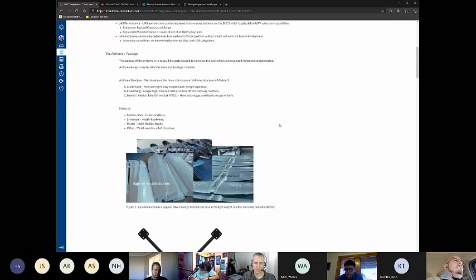All right, and then materials. Materials have a lot to do with how a UAV fuselage is created, and also the other way around. So we may choose our material based on what we need that UAV structure to look like, all right? But there are lots of different types of materials.